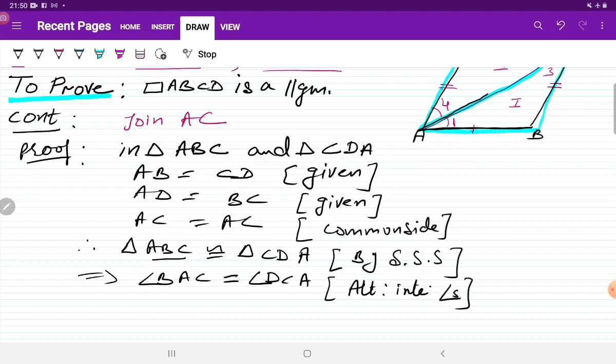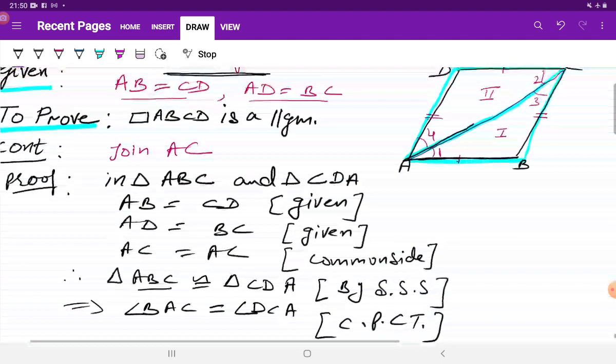You can write in short also, alternate interior angle. But this is from CPCT. This we'll write later, not now, we can write it after that. First we have to write the reason why these two angles are equal: because of CPCT. What is the full form of CPCT? CPCT is corresponding parts of congruent triangles.